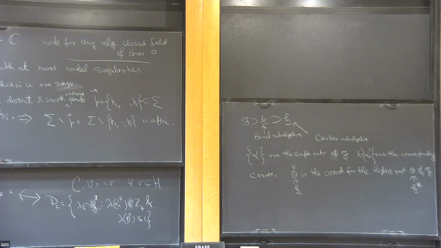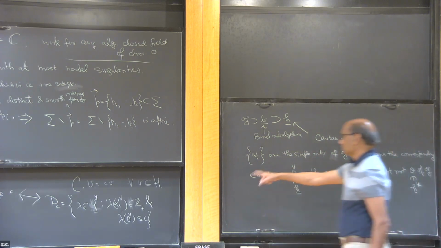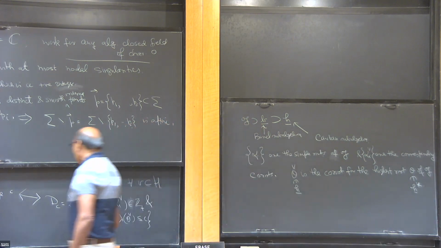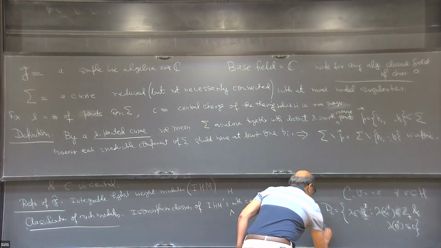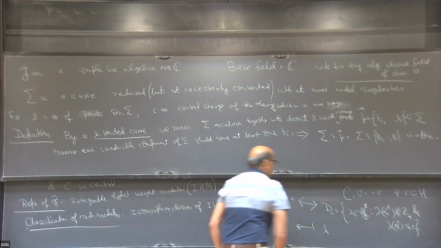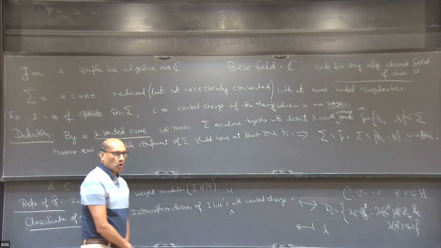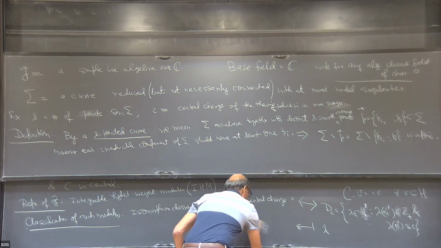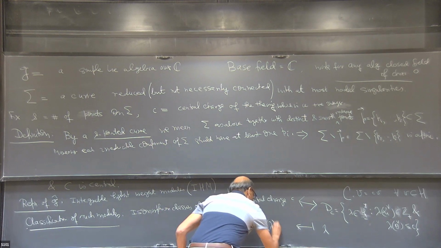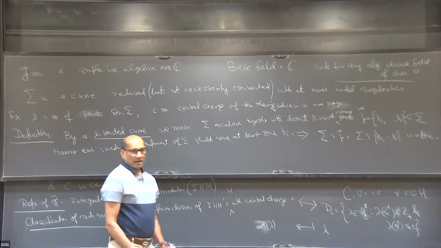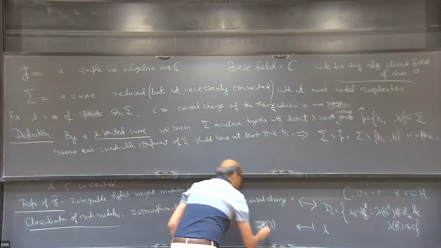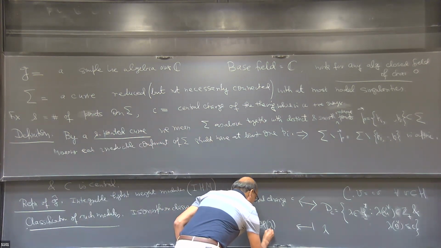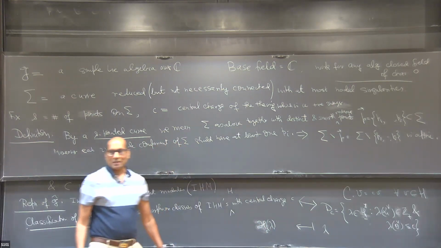Now I have explained at least whatever notation is involved here. The correspondence is: any lambda goes to a representation which I am going to denote by H lambda. Really speaking, I should specify c here.